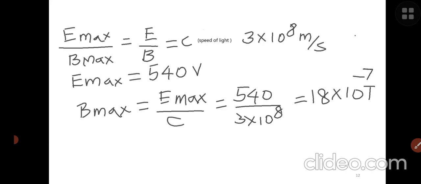There is a formula: E max divided by B max, where E is the electric field and B is the magnetic field, which is equal to C, where C is the speed of light, which is 3 into 10 to the power 8 meter per second.